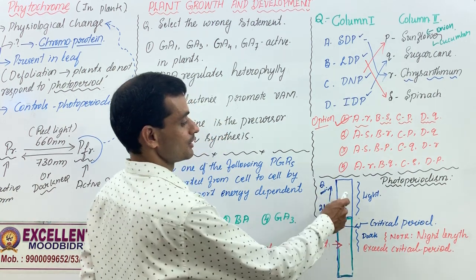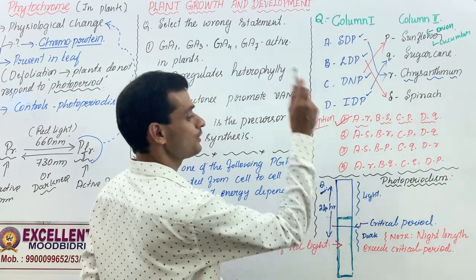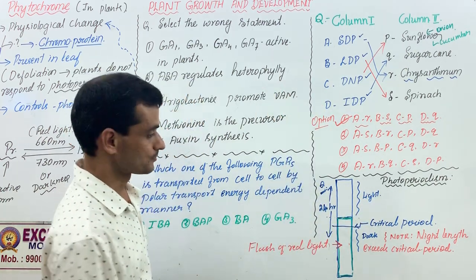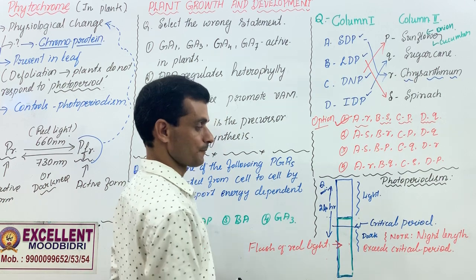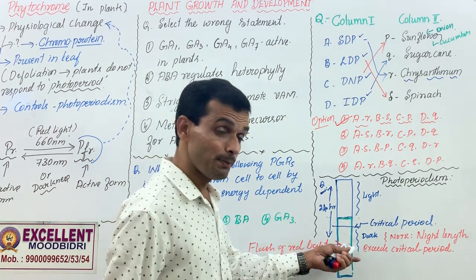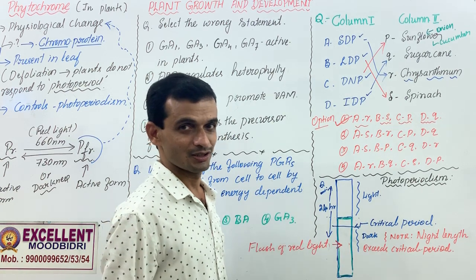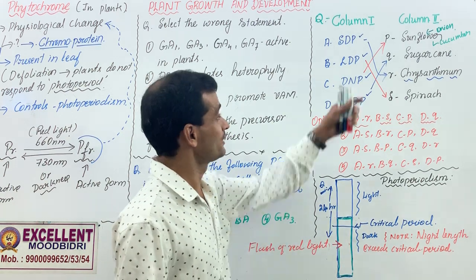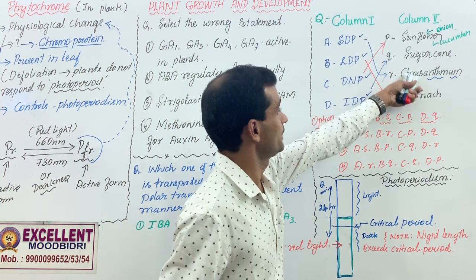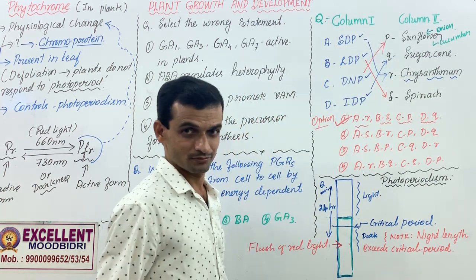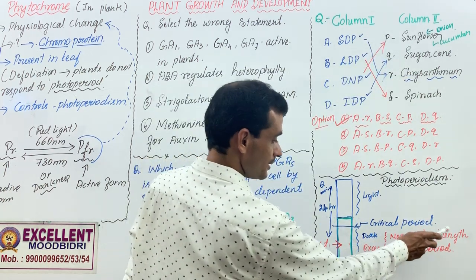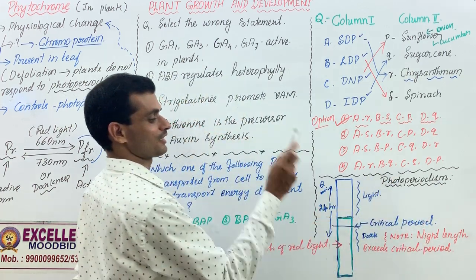Then remaining hours of sunlight. What will happen here? Short day plants produce flower. Long day plants don't produce flower. So when do short day plants produce flower? When the night length exceeds critical period.